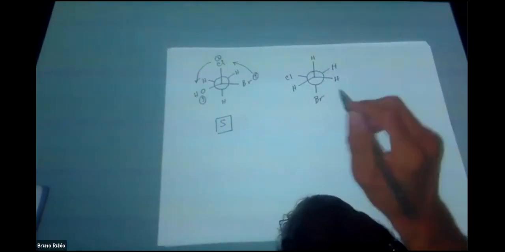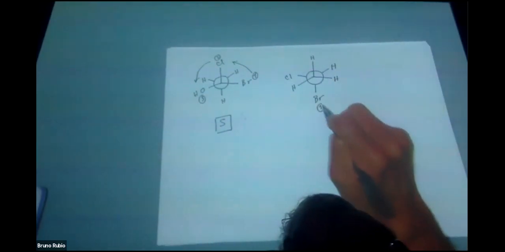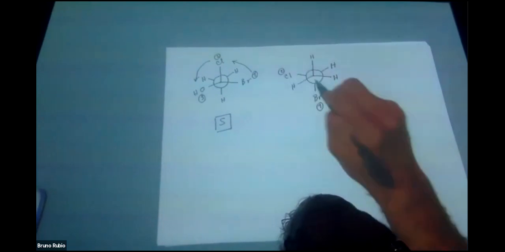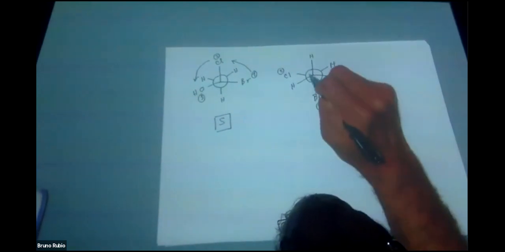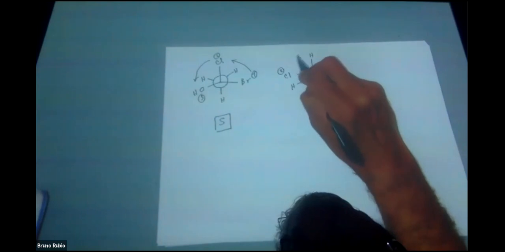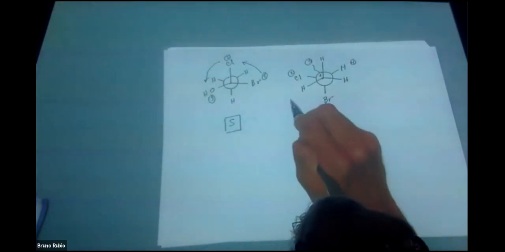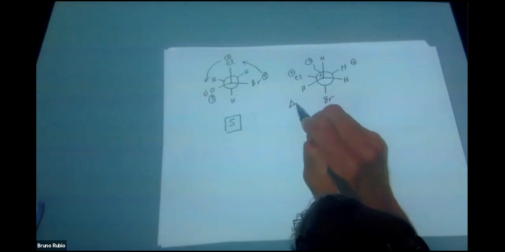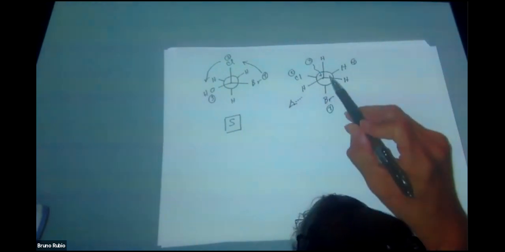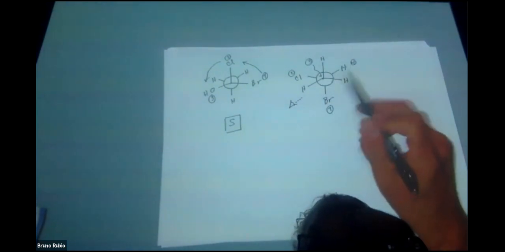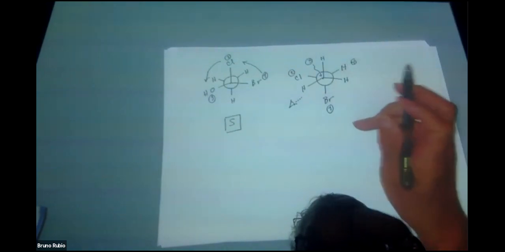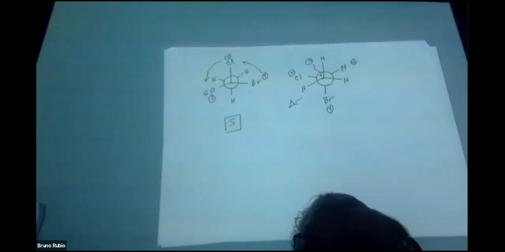And so the rankings will be bromine is 1, chlorine is 2, this carbon here in the front is 3, and hydrogen is 4. And now with the group of lowest rank pointing away from you, I'm going to put my eye here, and I'm looking at that carbon in the back with the hydrogen pointing away from me, and I have pretty good visualization skills.